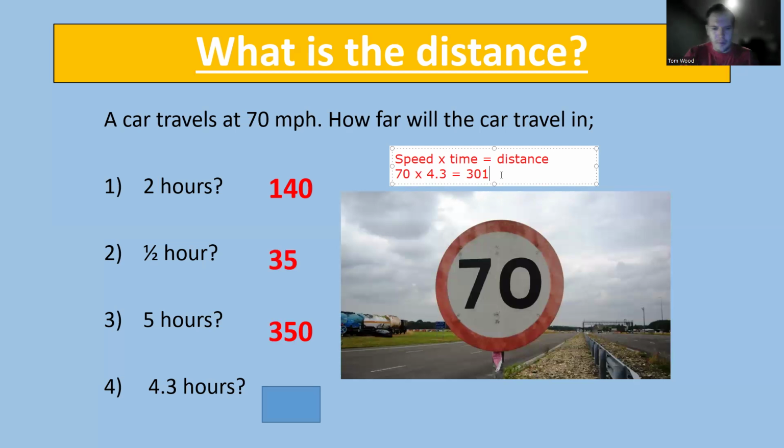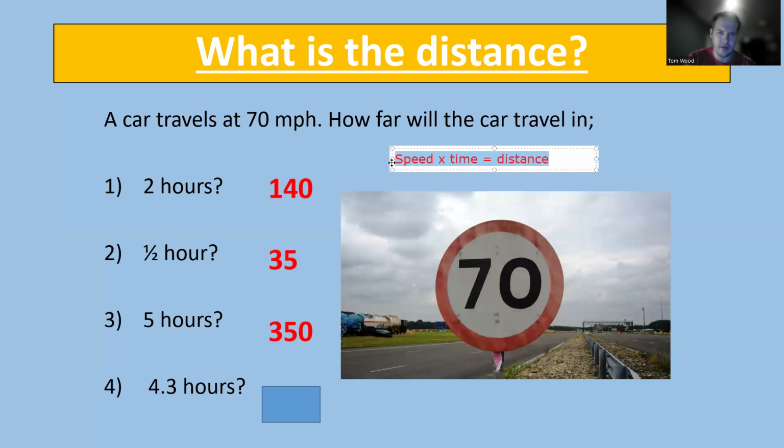Now, it's very common that a lot of people look at this question and they will put this into their calculator. The reason they do this is, at a glance, people see 0.3 of an hour and they think, 0.3 of an hour, that is going to be 30 minutes. It's not the same thing. We'll expand on this in just a second, but this is where there's a bit of confusion with time. It's because time is a hexadecimal.